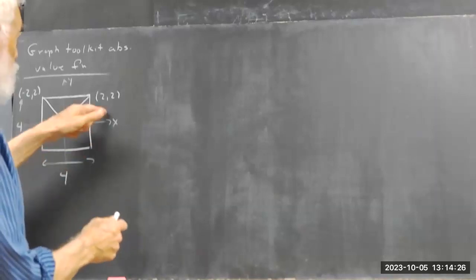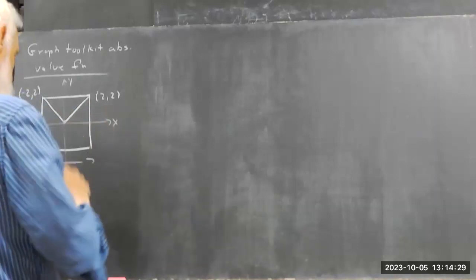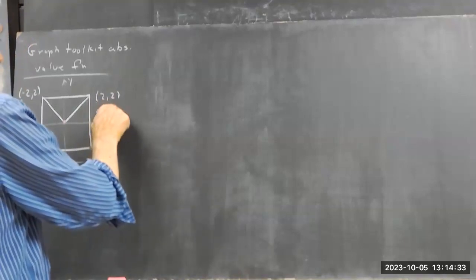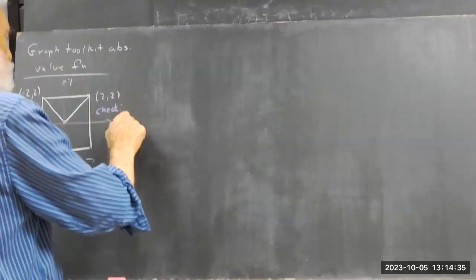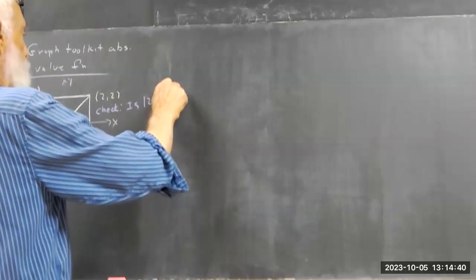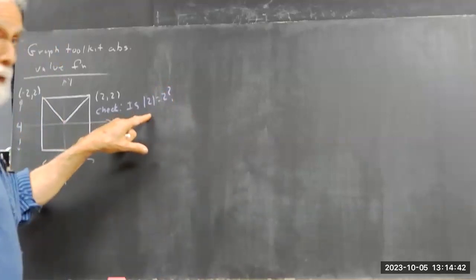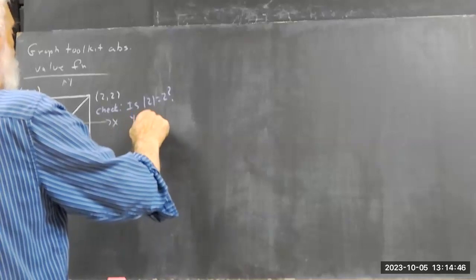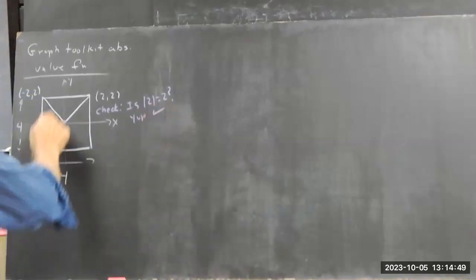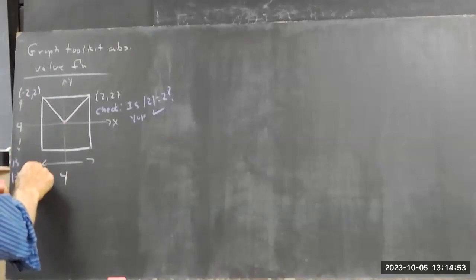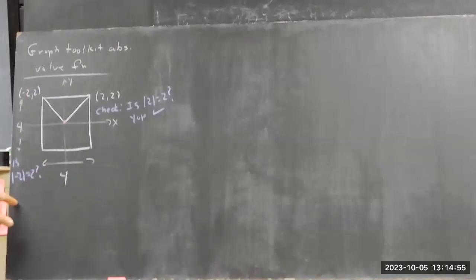Okay, now is this correct? You want to check if 2, 2 is right. Is the absolute value of 2 equal to 2? Well, yeah. Yep. And is the absolute value of negative 2 equal to 2?